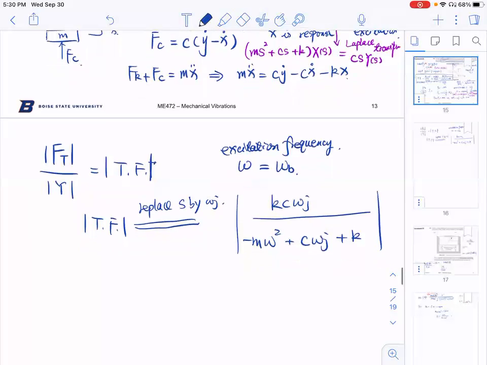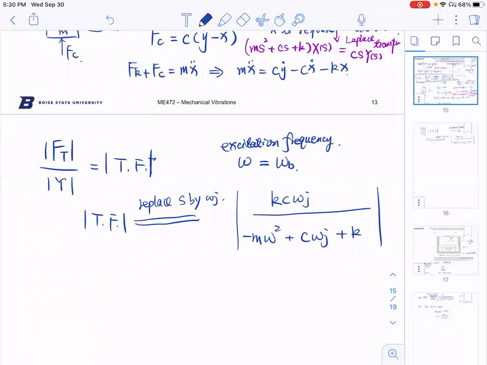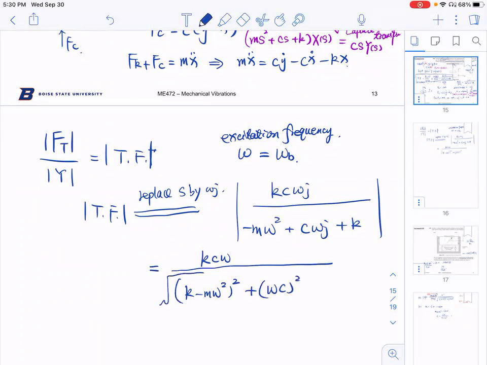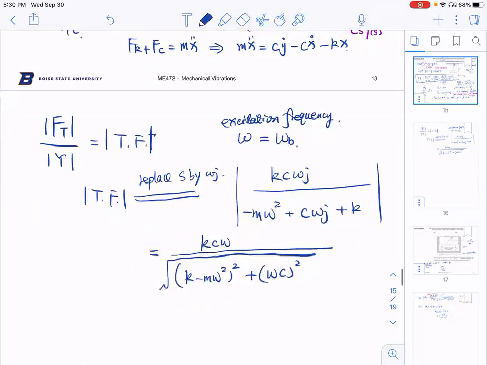And then here you have complex numbers on both top and bottom. The magnitude on top is the length of that vector, k c omega. And on the bottom is the square of the real part, k minus m omega squared, plus the square of the imaginary part, sum them together and take a square root. So that's your transfer function magnitude.